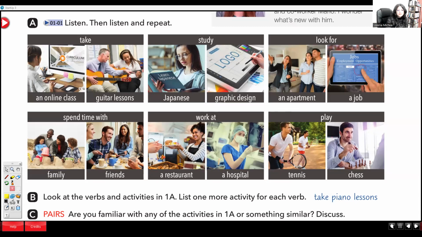Okay, that's it. So, important things that I want to mention about the vocabulary. Probably you are already familiar with it. I am guessing that you know all of these words, but there are a few things that I want to mention so I can make sure that we are on the same page. All right, so take is the verb that we use in English to talk about classes or lessons, okay?